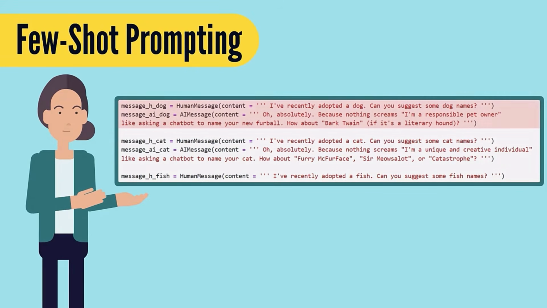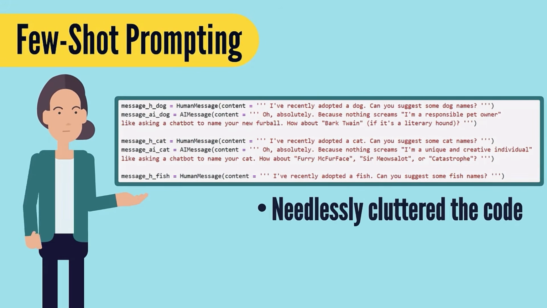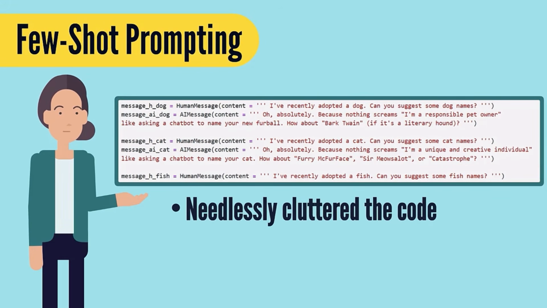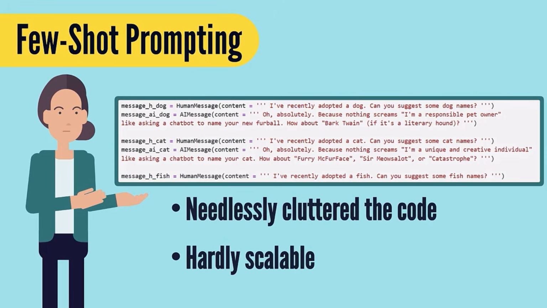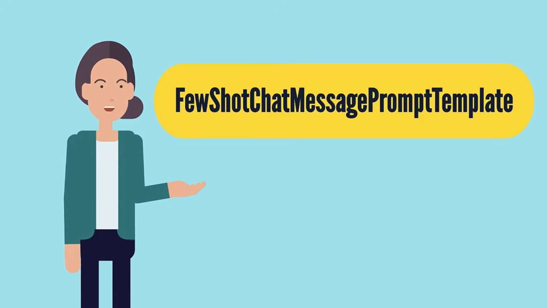Our approach was to define a separate human-AI messages pair for each example. This needlessly cluttered the code and is, evidently, hardly scalable. In this lesson, we'll utilize a class called few-shot chat message prompt template and recreate the same example, but implement it much cleaner and more compactly.